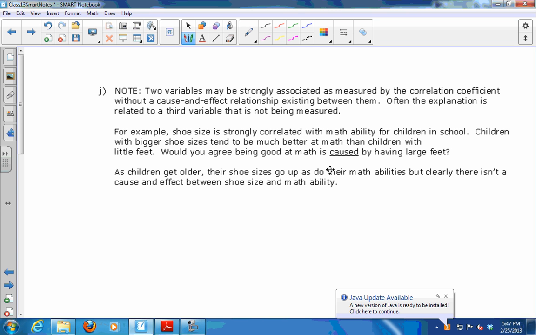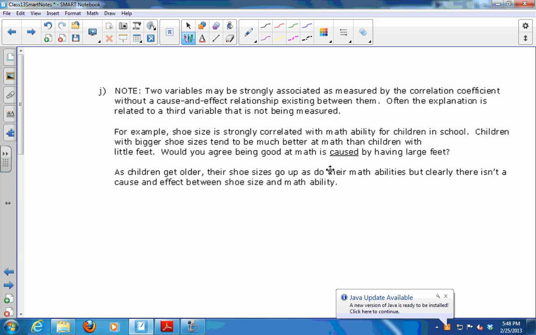Every time you watch TV or read the news, remember this. Two variables can be very strongly associated by a correlation coefficient, so we can use one to predict the other. However, it does not mean a cause and effect relationship exists. It doesn't mean that a change in one causes the change in the other. Often the explanation is related to a third variable that's not being measured.